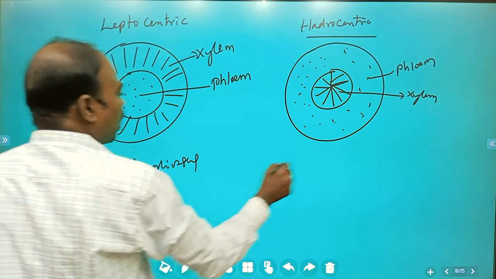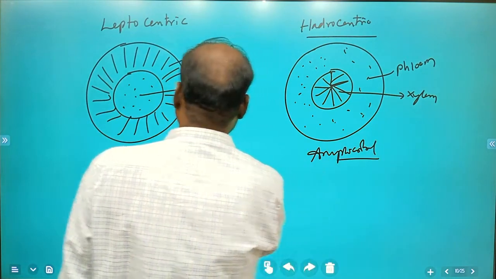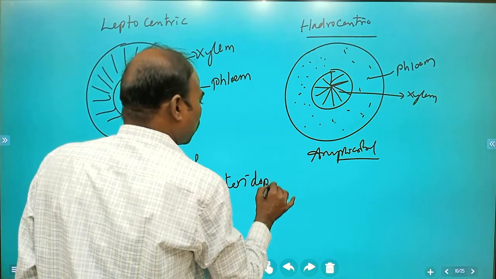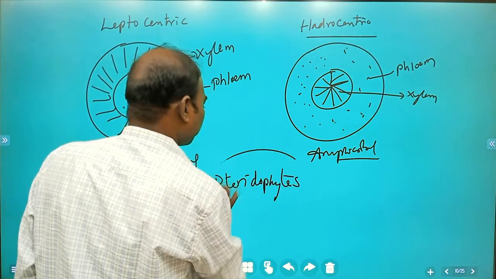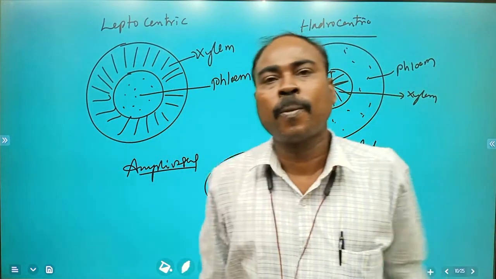Also amphivasal and amphicribal. These are found in pteridophytic plants, pteridophytes. These are the variations of arrangements.